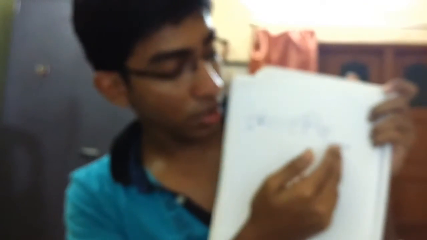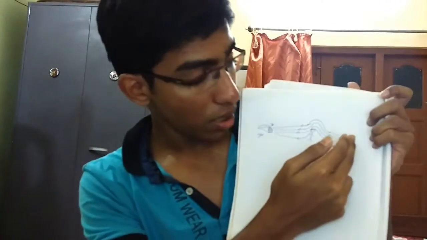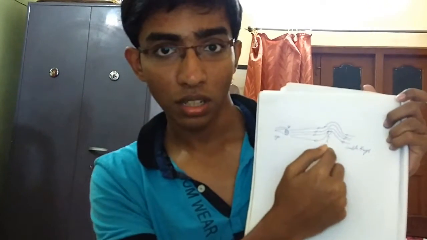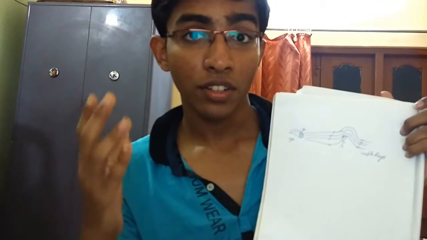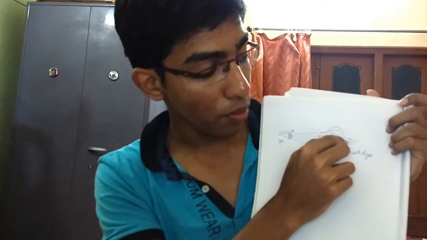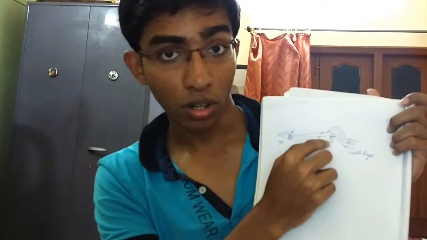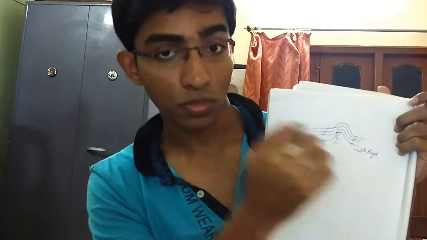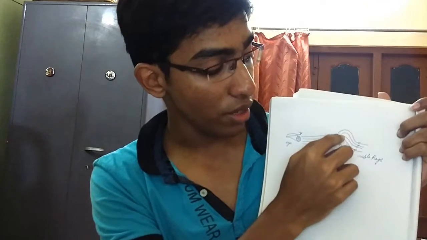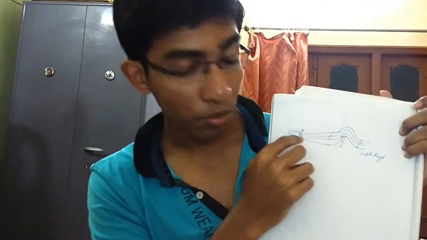Like I have drawn something, and I'm going to tell you guys what it is. If you can see, these are visible rays, coming in a natural way, and if some spirits have high electromagnetic fields, those lights deviate from their original path. They don't enter our eyes in a straight way. They deviate, and then come through to our eyes.